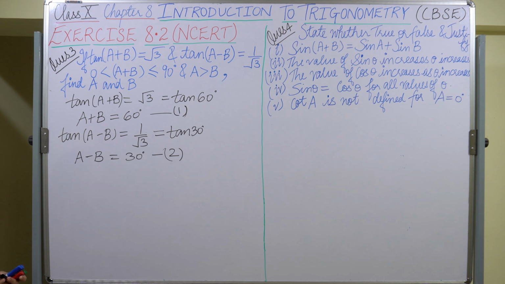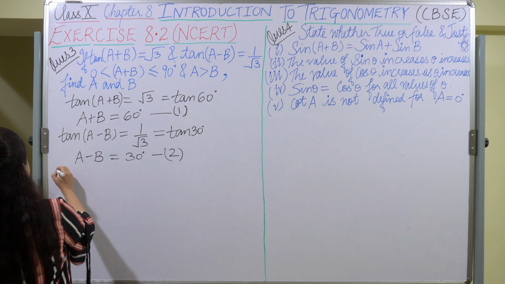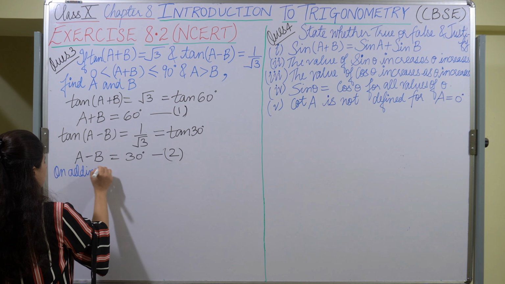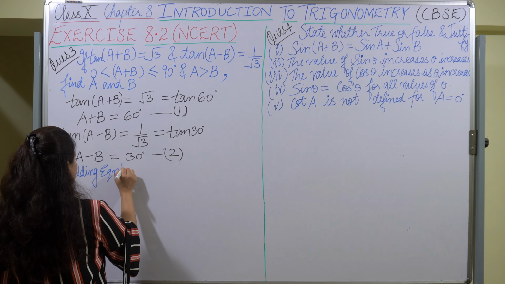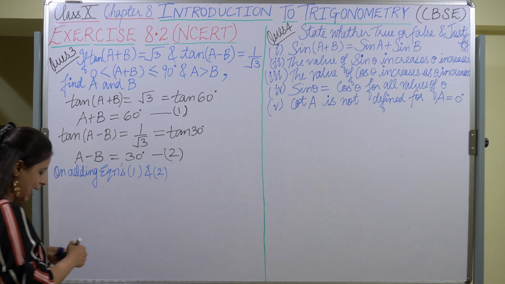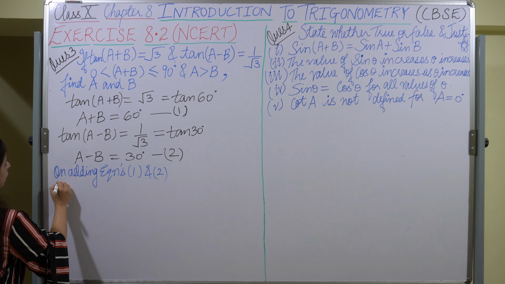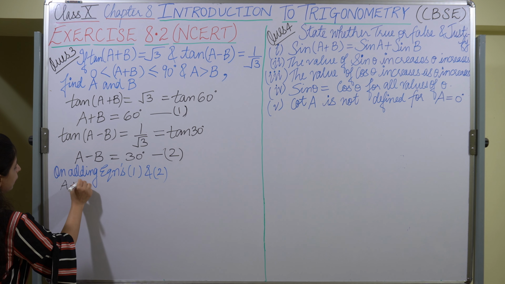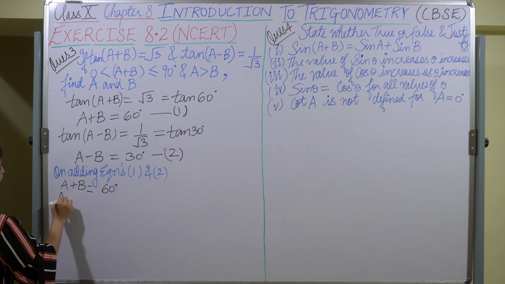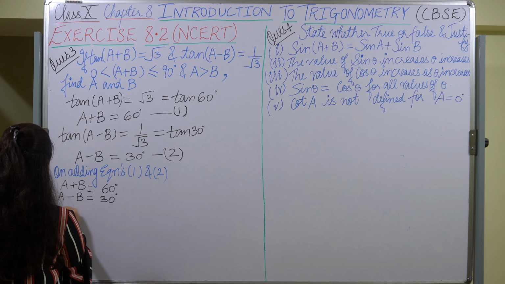So let us add equations 1 and 2. Here A + B is equal to 60 degrees, the first equation, and the second equation is A - B is equal to 30 degrees.